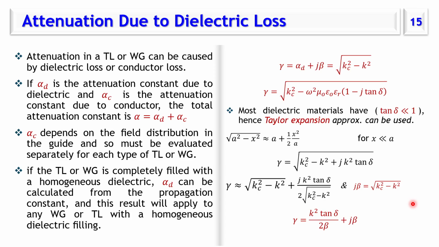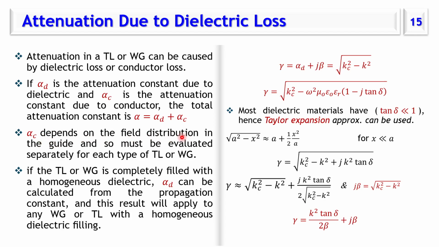Now we are going to discuss the attenuation due to dielectric loss. If we have losses in the dielectric and losses in the conductor, we express them separately, alpha D for dielectric loss, alpha C for conductor loss, and the total attenuation constant alpha would be the sum of the two.